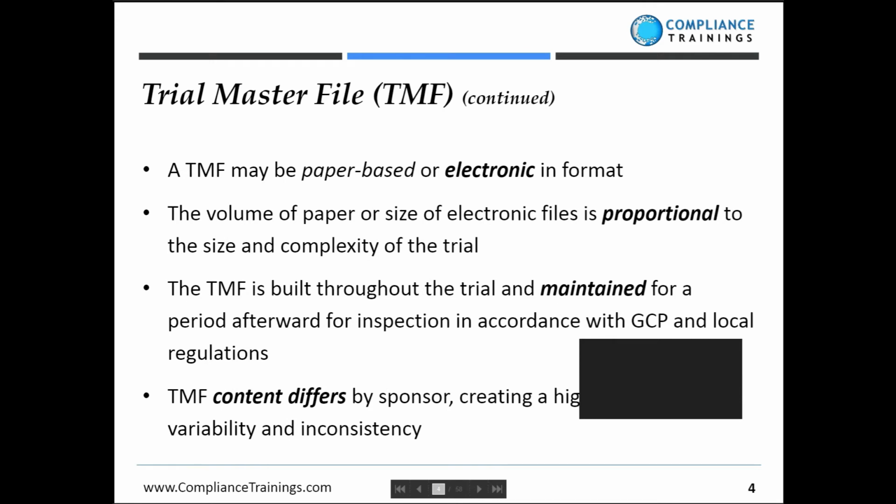Now, the TMF can be either paper-based or electronic in format, or it could be some combination, a hybrid type system. There's a large volume of paper, a large number of electronic files that are related to most clinical trials, and the size and volume is proportional to the size and complexity of the actual trial.